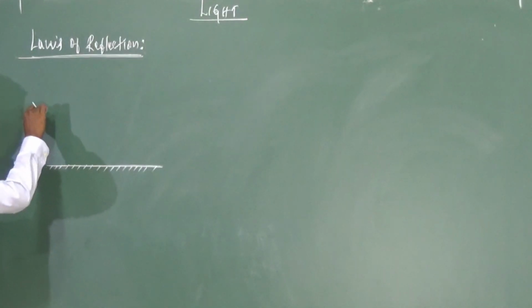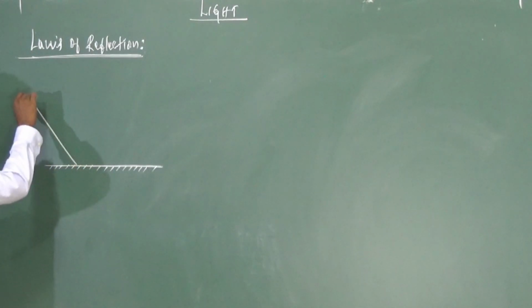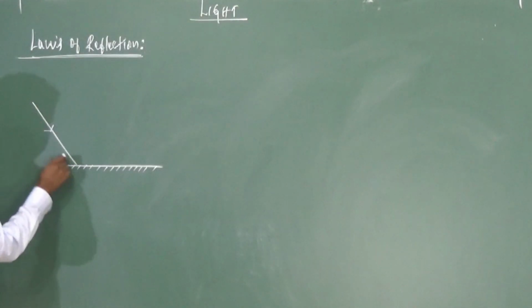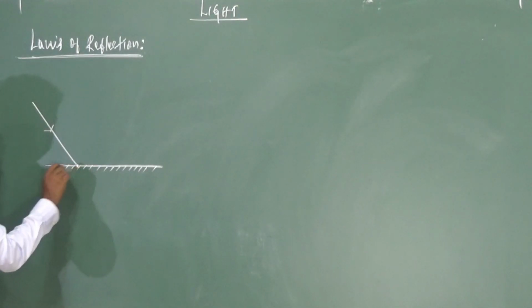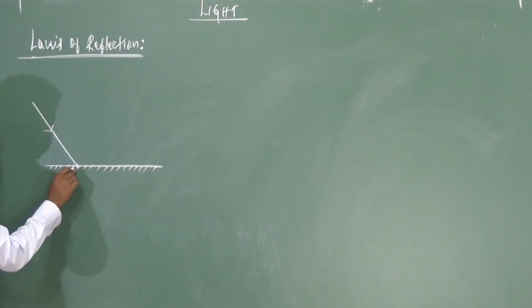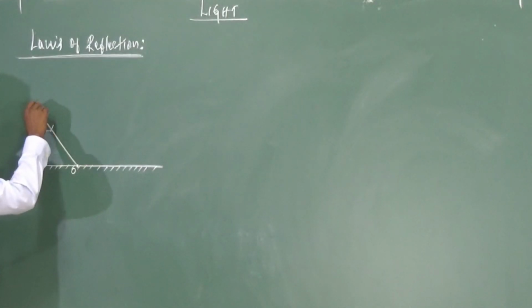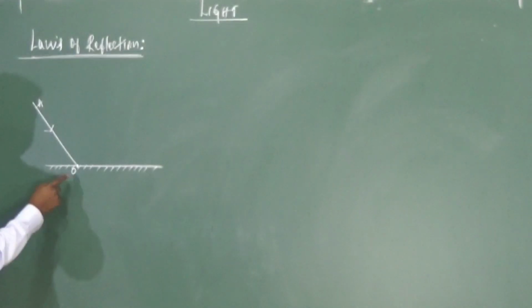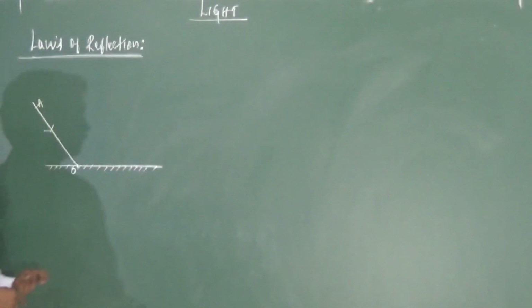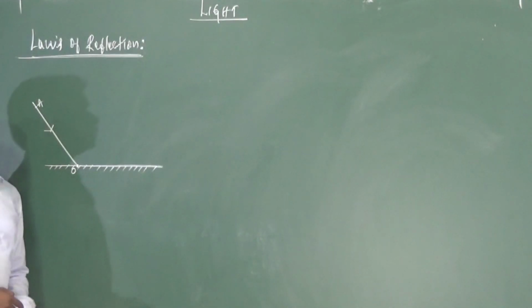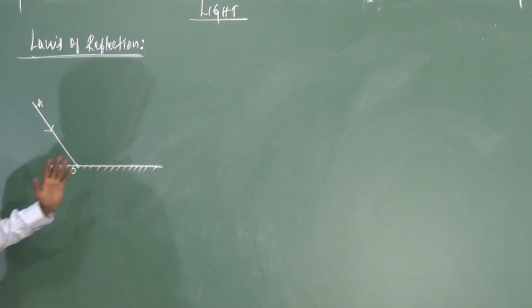So let us imagine a light ray coming from a source of light travels towards the mirror and is incident on the mirror at a particular point. Let us call it O, and let us call this A. So OA, or AO, is the incident light ray which is coming towards the mirror.